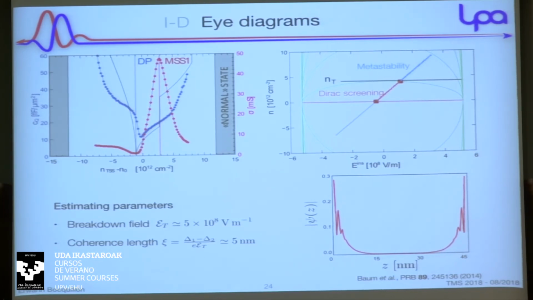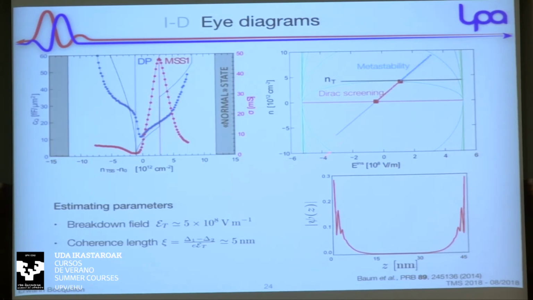Now, to be more convinced, I told you we had a second type of samples for which there was a residual doping already at zero electric field, at zero gate voltage. What this means is that this point, corresponding to zero electric field, will already correspond to some given density, and that the Dirac point will be obtained for an electric field that is non-zero.